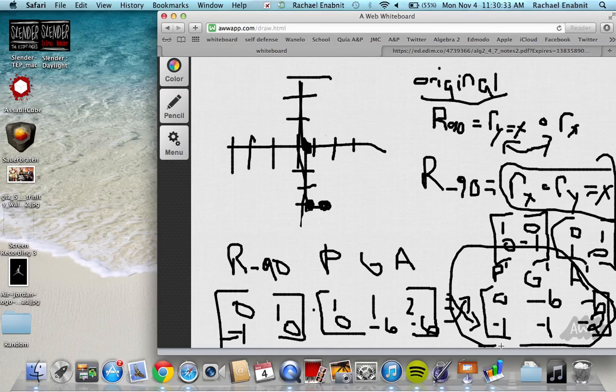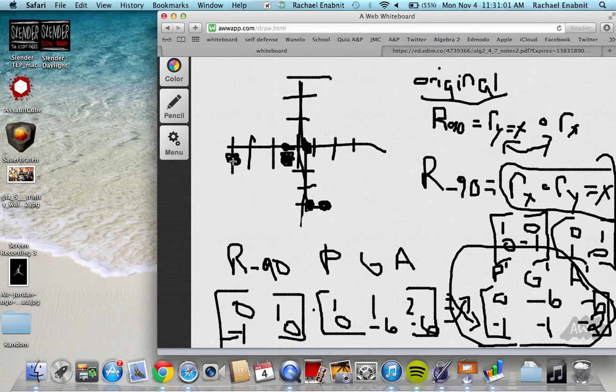I'll put those on the graph. So (0, -1), right here. Then negative 6 and negative 1, right here.